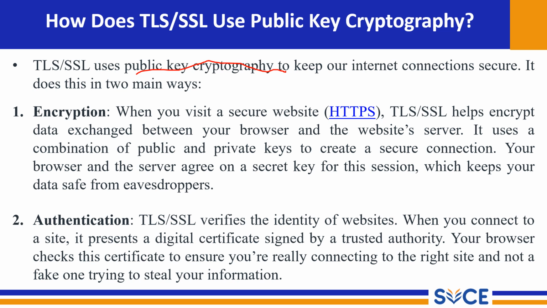The client encrypts a session or secret key with the server's public key and sends it back to the server. The server, in turn, decrypts the client's communication with its private key and the session is established. And the last one, symmetric encryption is now used to encrypt and decrypt the data transmitted between the client and the server.